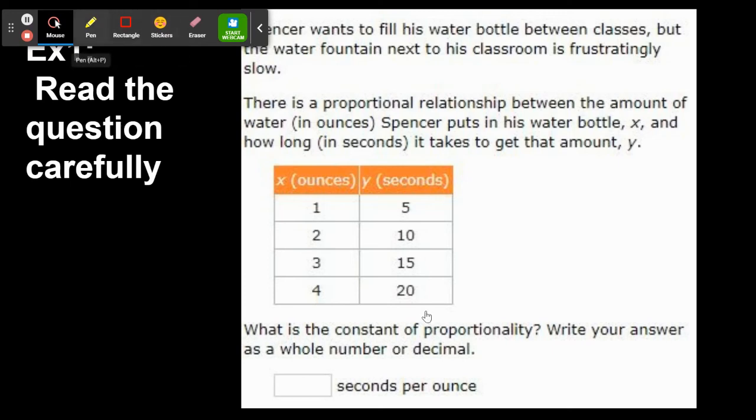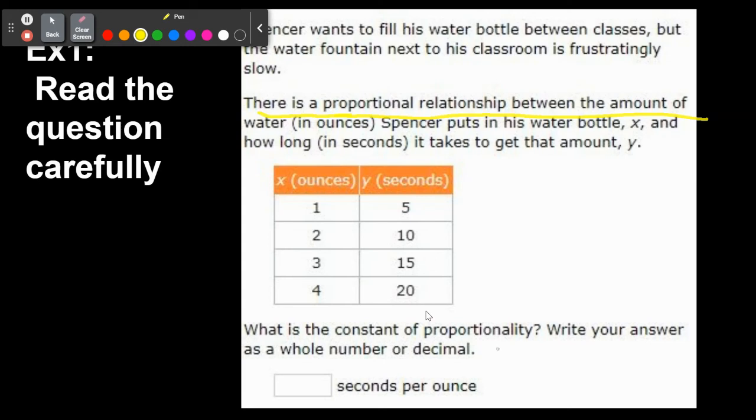The main thing is that it's telling you there is a proportional relationship, so this table is proportional. You're not determining if it's proportional.